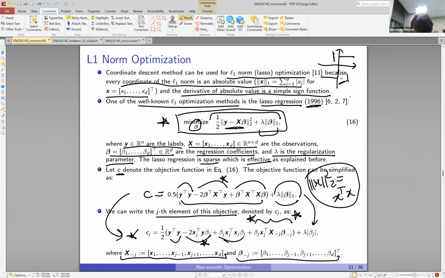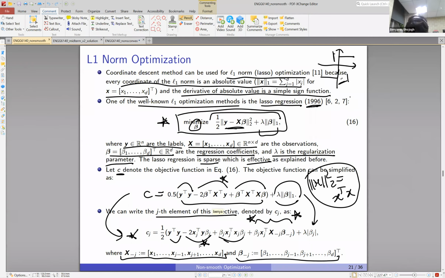So when we have this C, consider the jth element. Of course, this is not in terms of beta. Therefore, we will have y transpose y here. Here we will consider only the jth element.